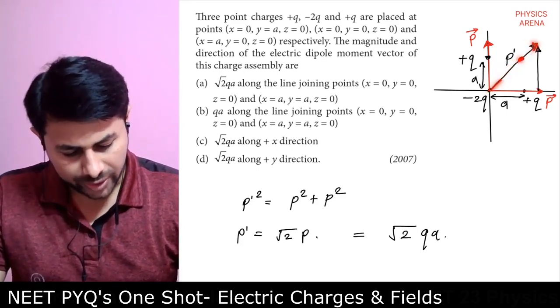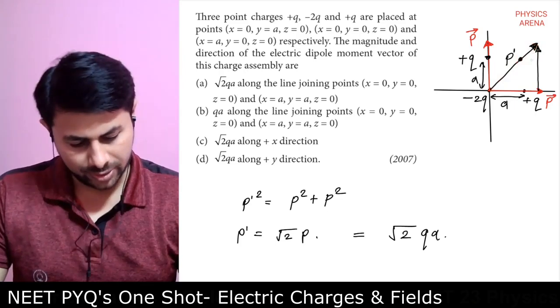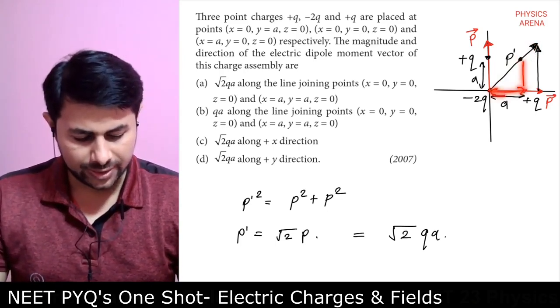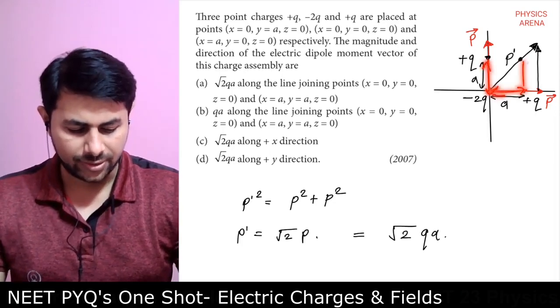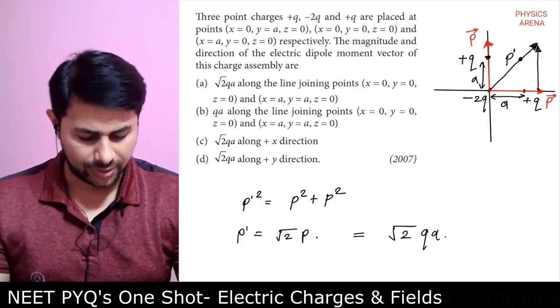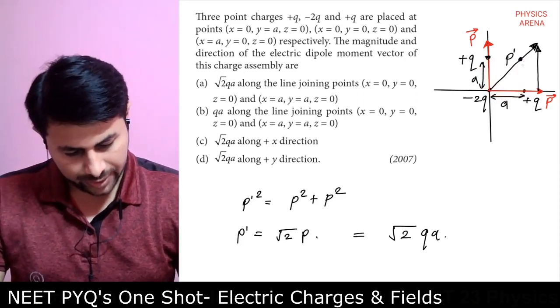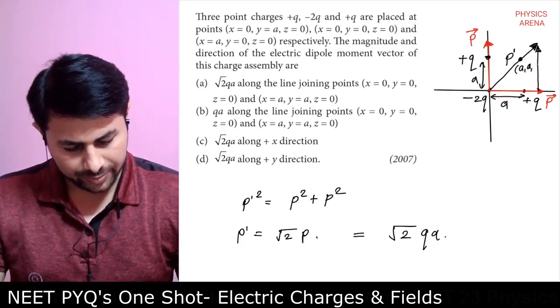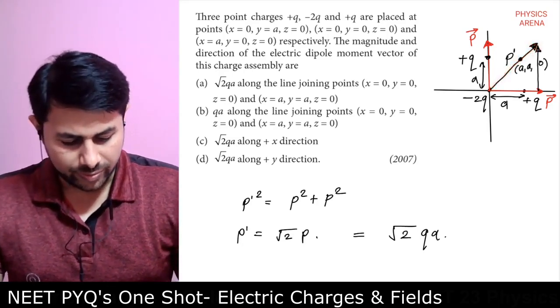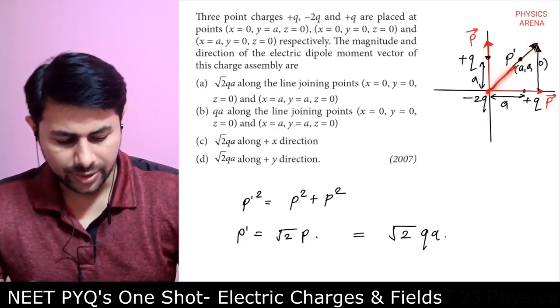So what are the coordinates of this point? If we think about the xy plane only, x coordinate is a and y coordinate is also a, and z coordinate is anyway 0, right? So this is (a, a, 0). So in what direction is it directed? From (0, 0, 0) to (a, a, 0).